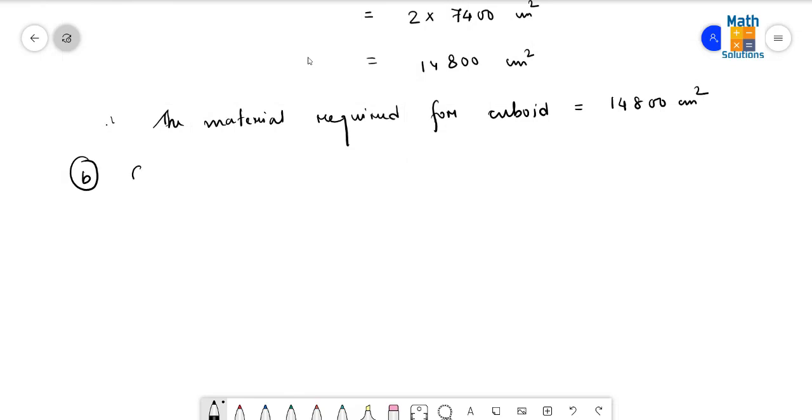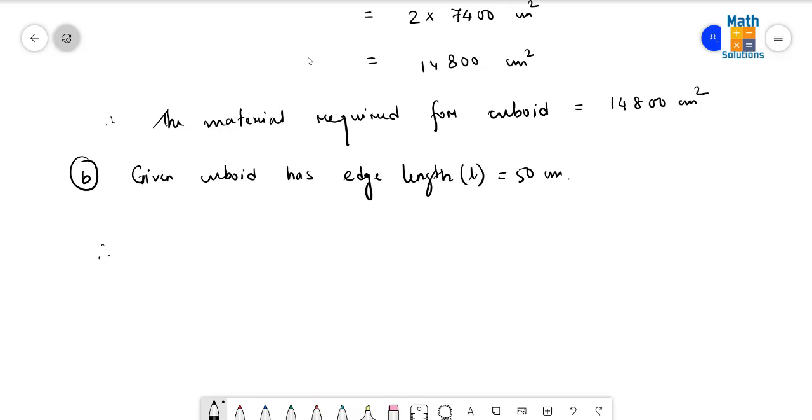Given cuboid, in this case, has edge length L as 50 centimeter.